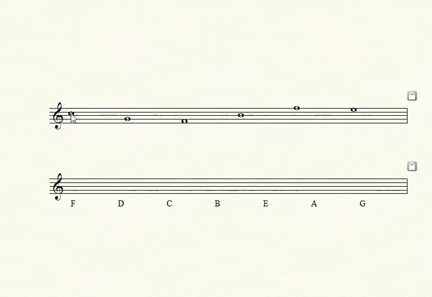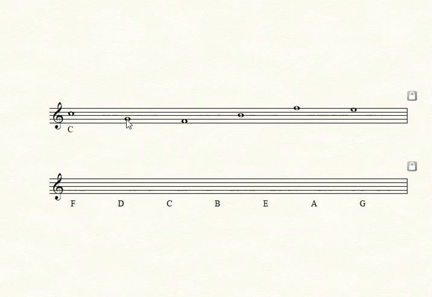So here we have a note on the 1, 2, 3, on the third space. If you remember, we can use FACE when we have a note on the space. So we have F, A, C. This note is C. For our next note, we see that it is on the second line.